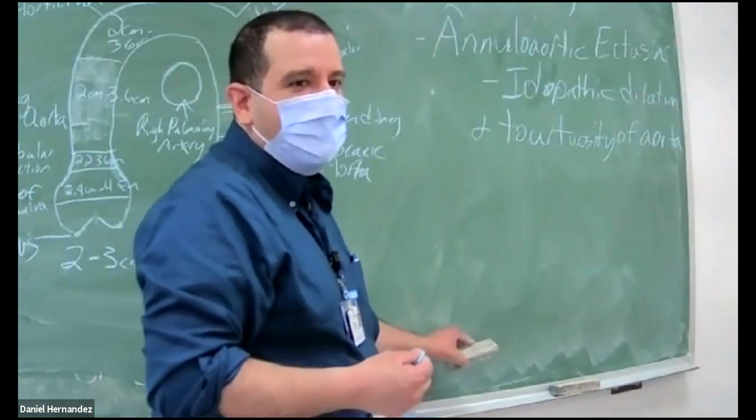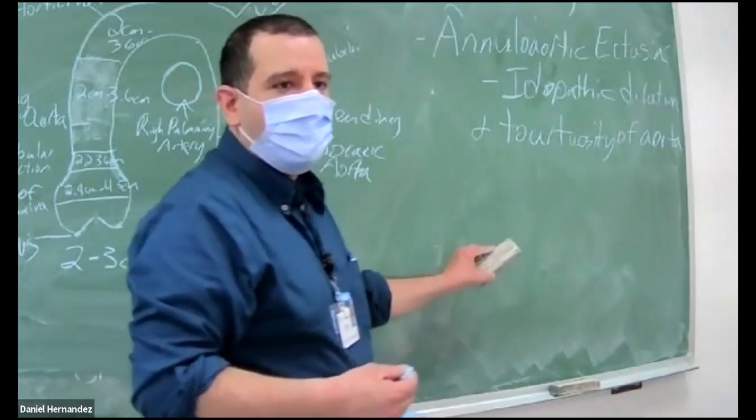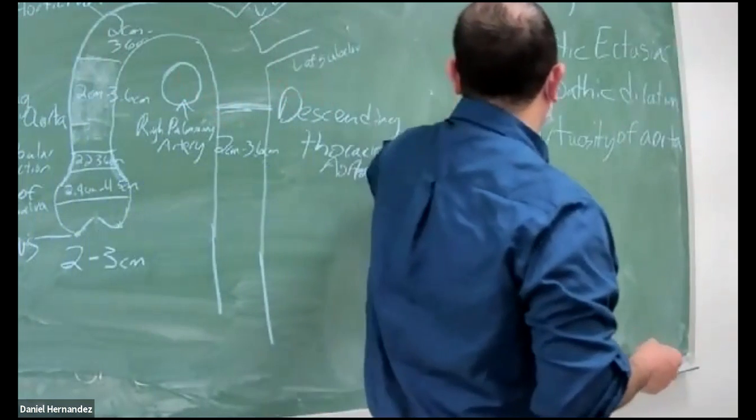So primary aortic dilatation occurs with cystic medial necrosis.